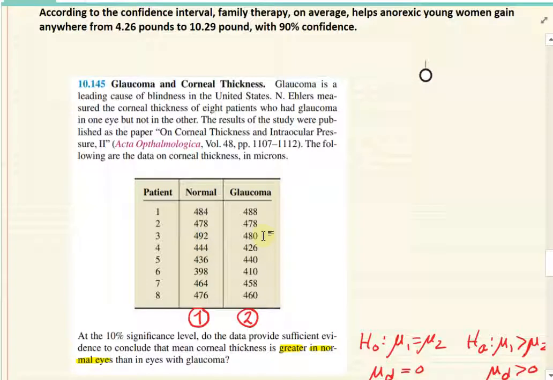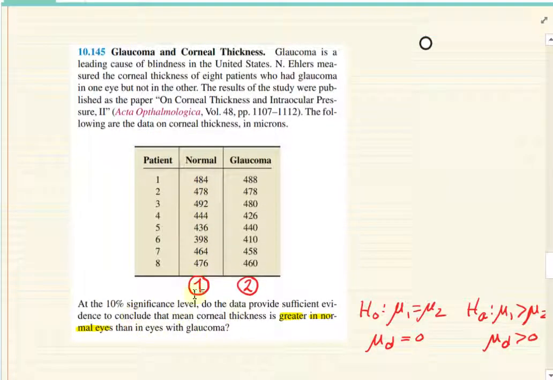So let's agree, if the average difference is positive, it means thicker corneal thickness for the normal eye. If the average difference is negative, it means thinner corneal thickness for the normal eye. We need that because of the way the question is posed; I need to translate that symbolically.